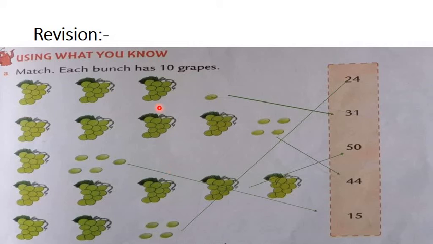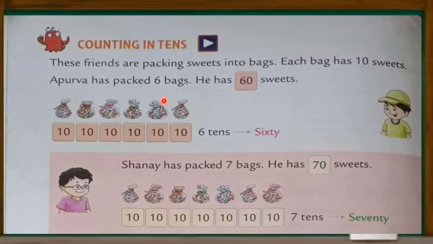Now before we move on to the tables, let's take a quick revision for the whole lecture of today. First we make a revision of previous lecture. Match the following. Then we learn about counting in tens. How can we count the numbers in the form of tens?